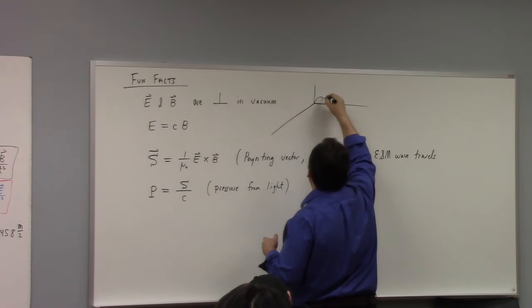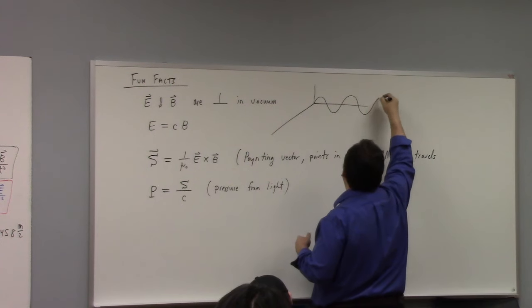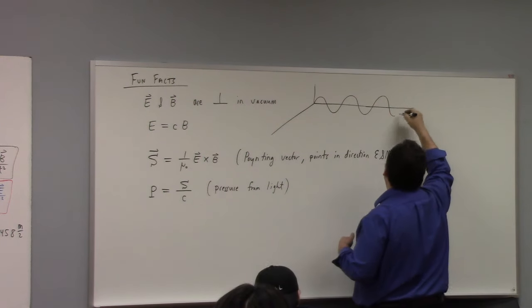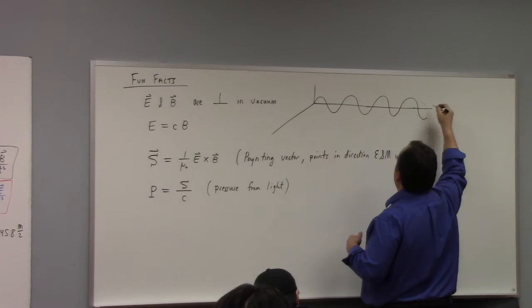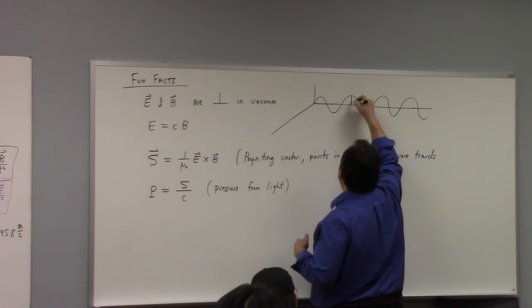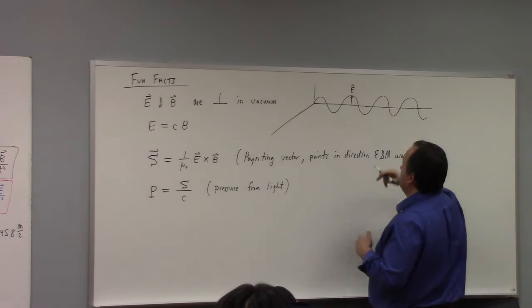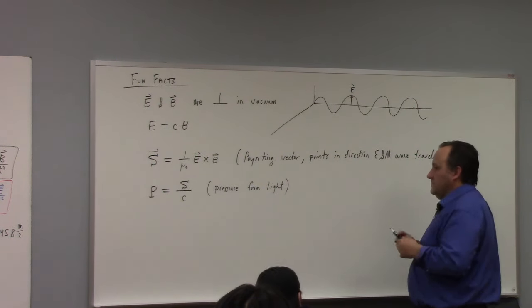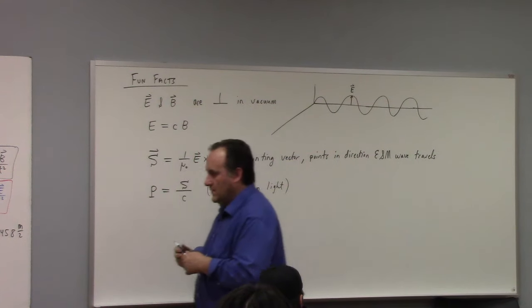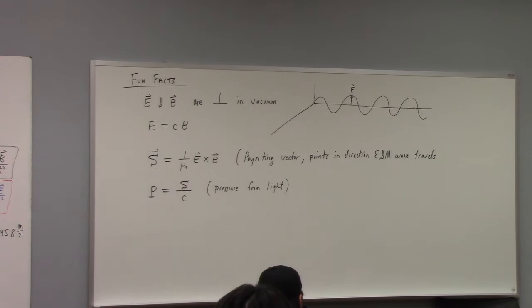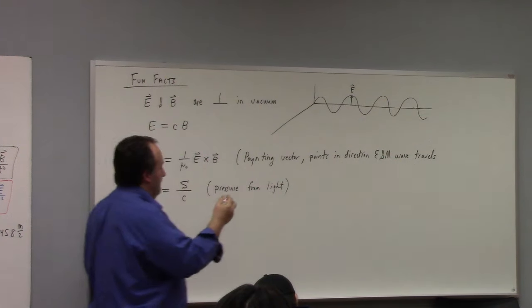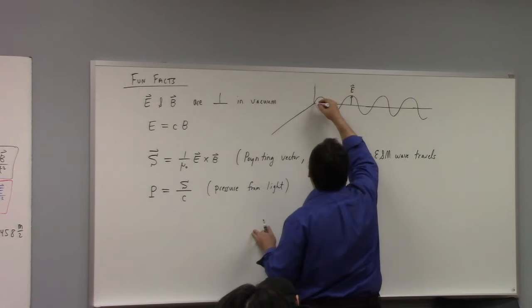Suppose this is the picture of the wave. So here's a typical electric field, right? And I'm going to make the magnetic field perpendicular to that, like this, let's say.